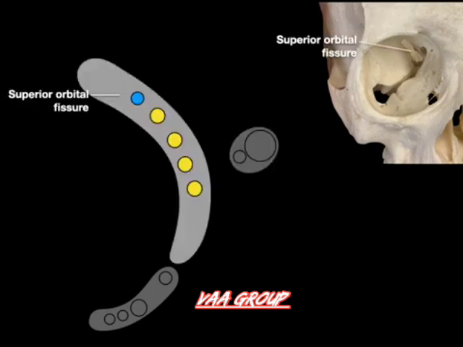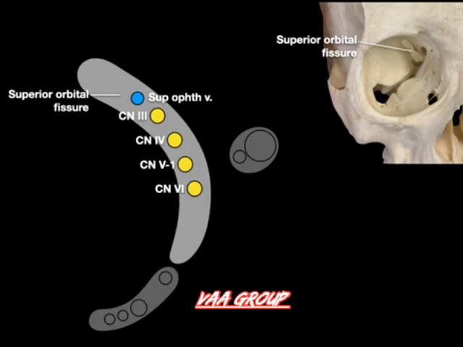Now in the superior orbital fissure, we have a few things as well. There in blue is the superior ophthalmic vein that drains to the cavernous sinus and also to the facial vein, and also the following cranial nerves: cranial nerve 3, 4, 5, and 6.